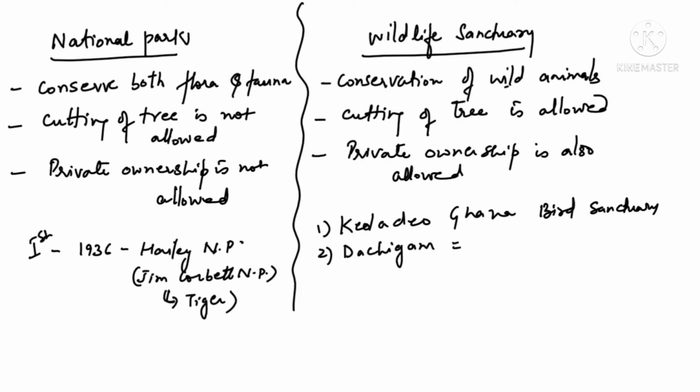The important animal is Hangul, also known as Kashmiri stag, and musk deer. I'm just focusing on what they ask in the question area. Okay, beta?